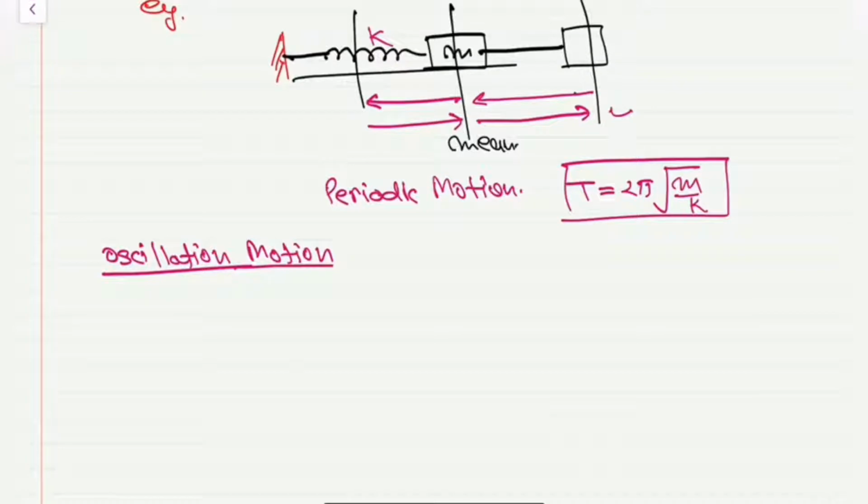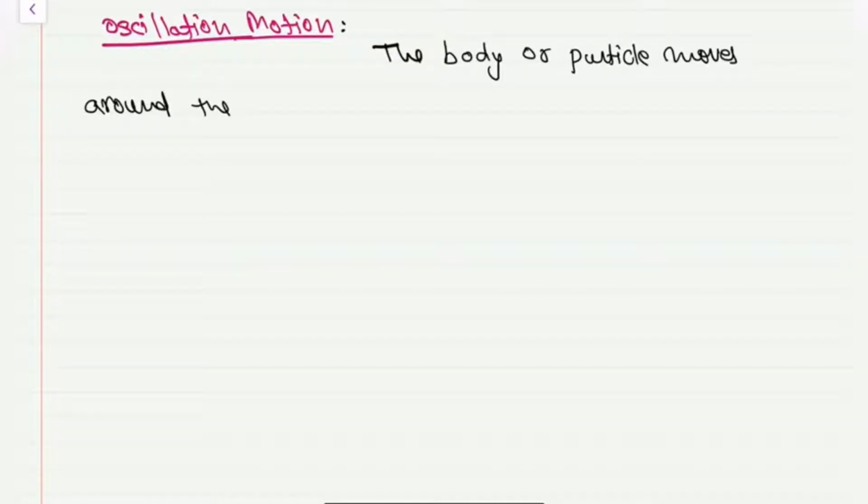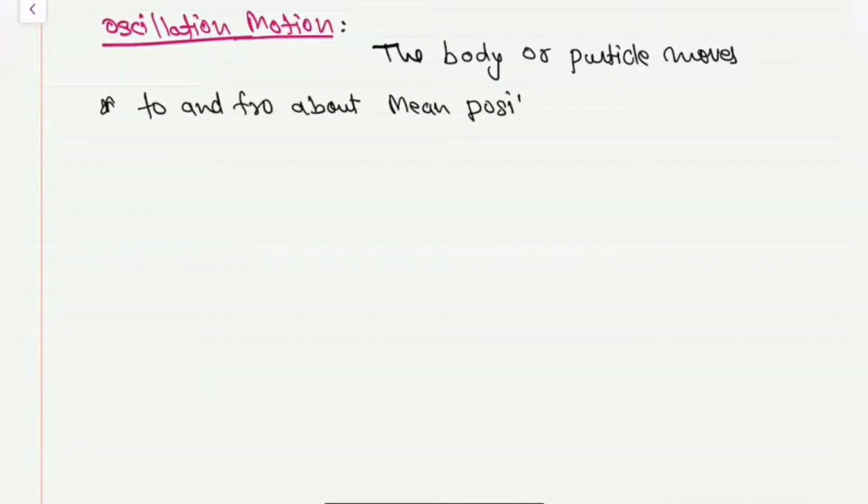In oscillatory motion, the body or particle moves to and fro about the mean position. The motion is called oscillation.